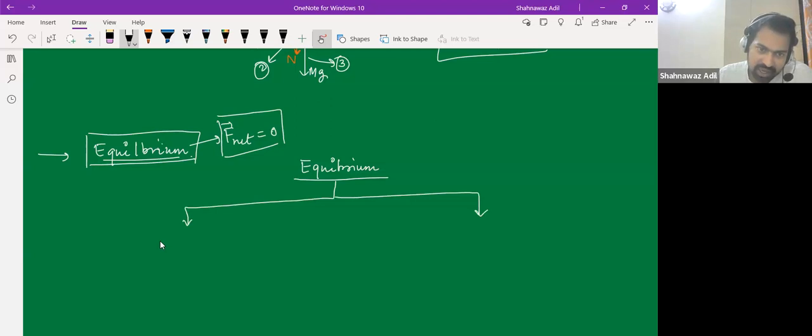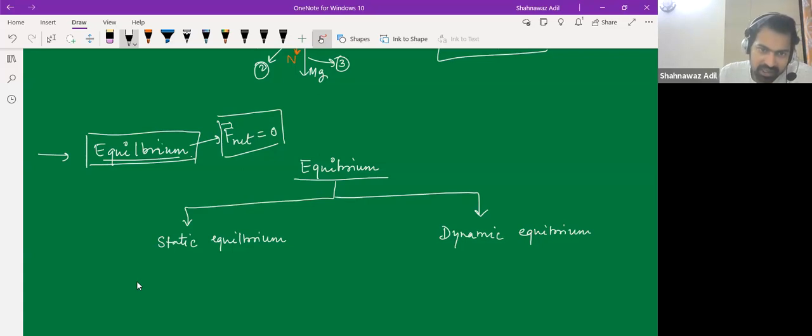One is the static equilibrium, and the other one is dynamic equilibrium.